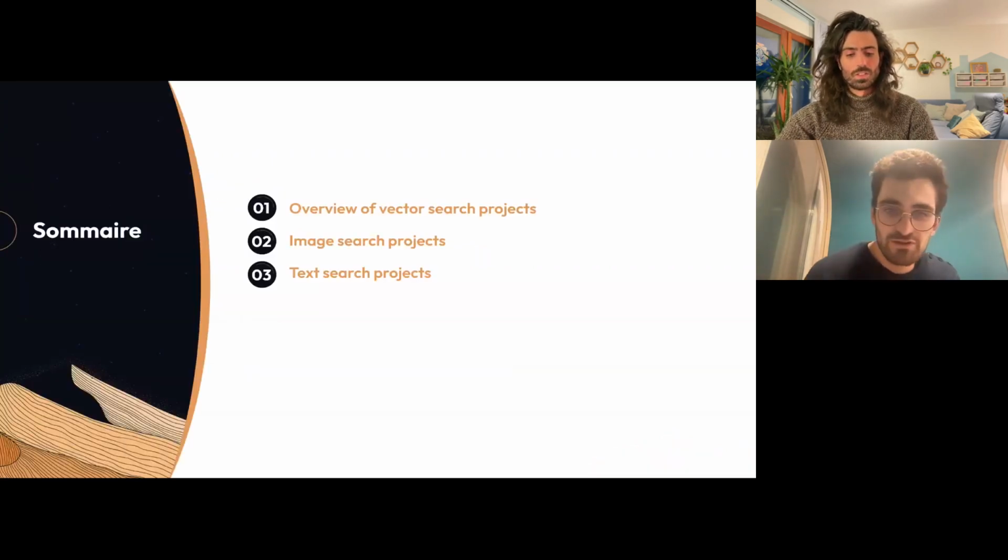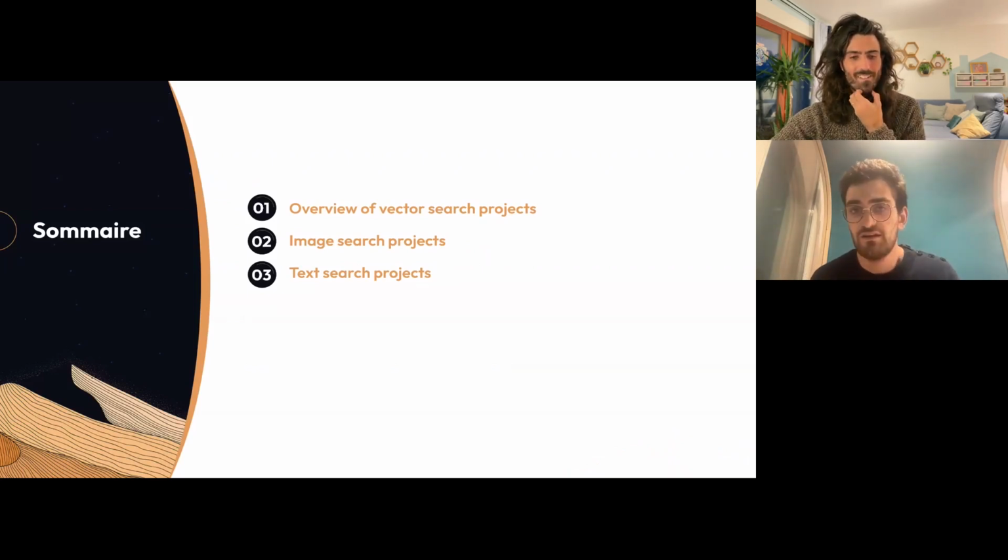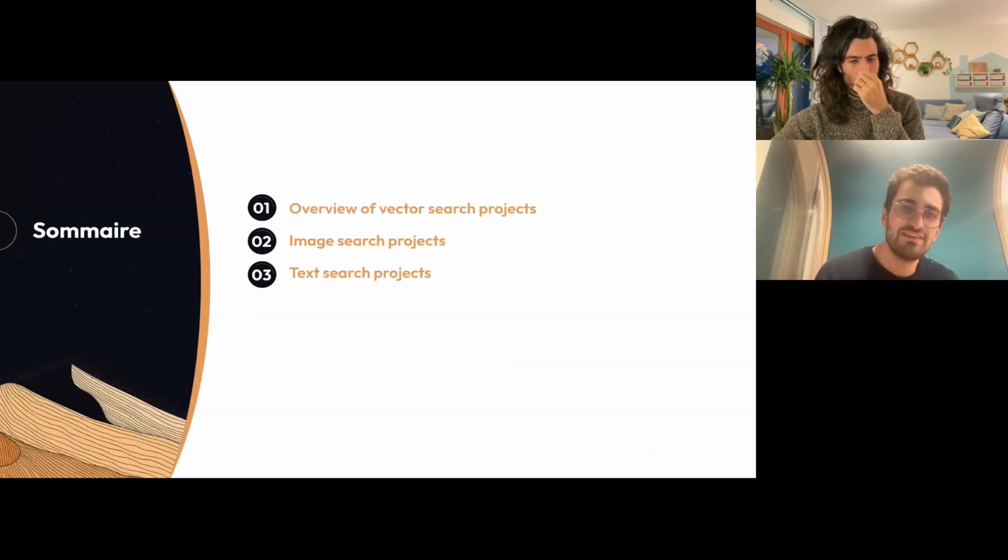So what are we going to talk about today? First, an overview of the vector search projects, just to give you an idea of the kind of projects we can do with vector search. Then we will dive into the specificities of the image search project, and then into the specificities of the text search project.